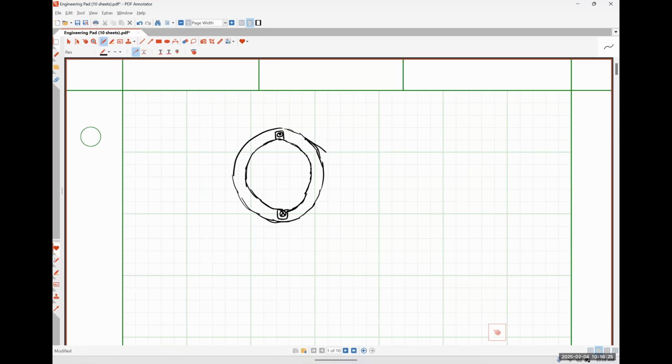Positive is the one where the current's flowing out, negative is the one where it's flowing in. Then we might have our B phase, so I'll do that in red over here. And our C phase would be over here. So this is a simple 3-phase, 2-pole stator system, okay?